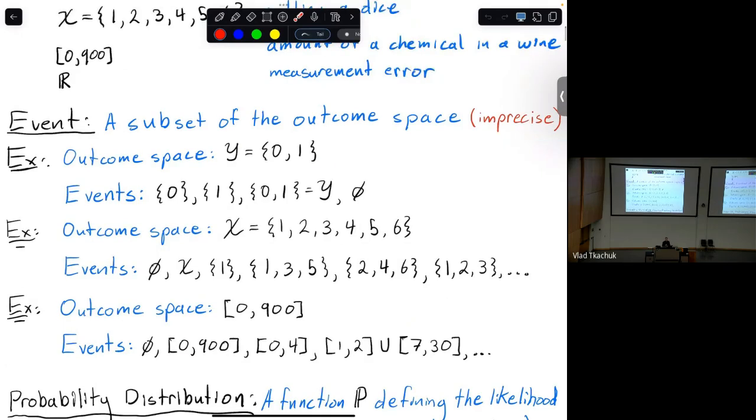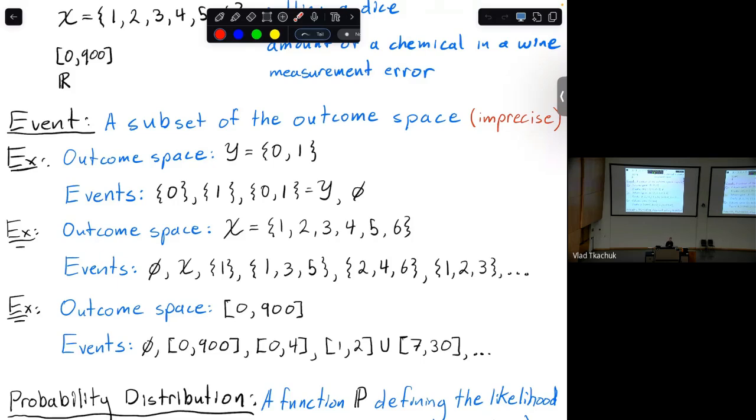Now there's going to be a notion of an event. The idea of an event is that something happened. An example of an event in English terms is you roll a dice and you get either the number 1, 2, or 3, or you flip a coin and you get either 1 or 0, which is like you get something.